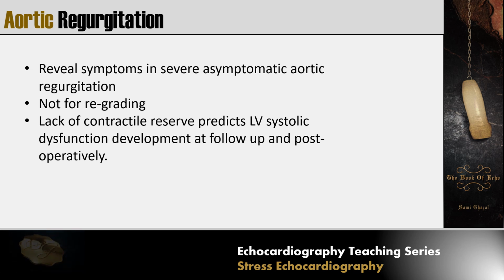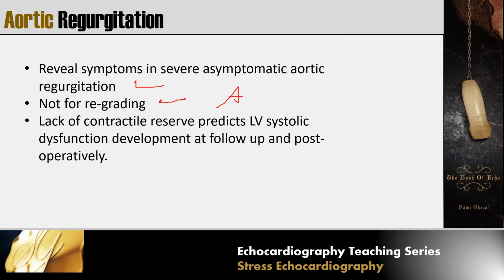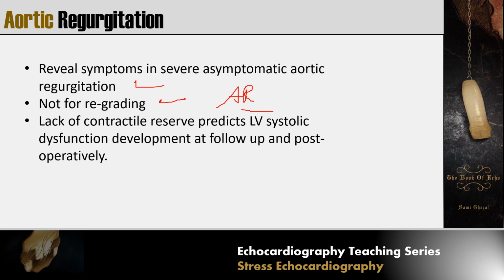Now for aortic regurgitation, we do stress echo to reveal symptoms in severe asymptomatic aortic regurgitation. It is not for regrading because you cannot do regrading. What will happen with exercise? Most aortic regurgitation occurs in diastole.